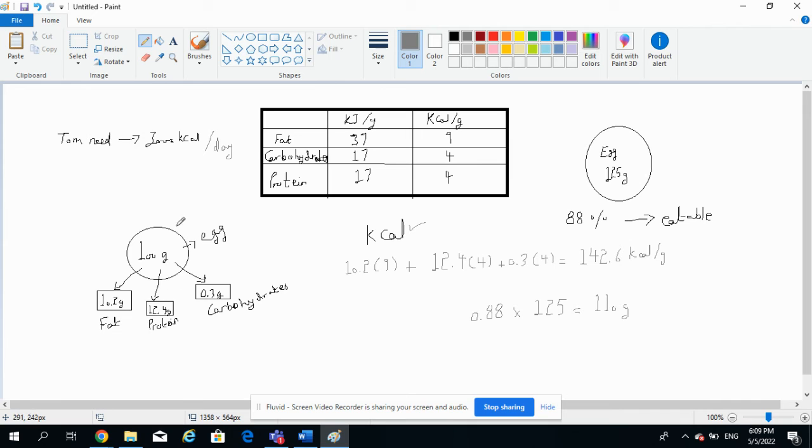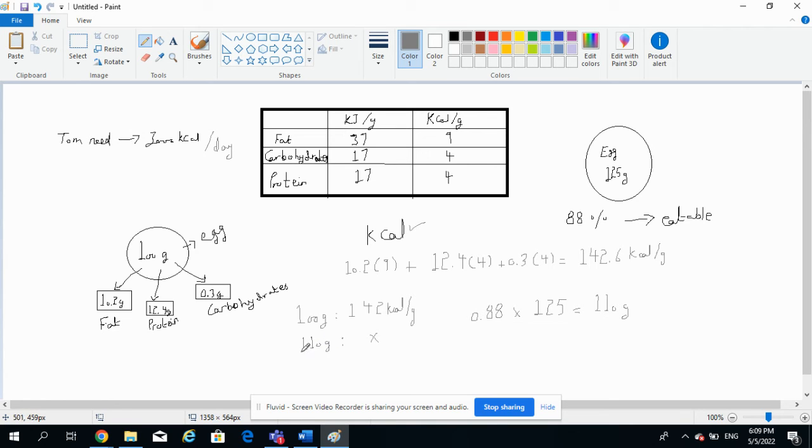Now remember, this becomes a ratio question. The more the weight of the egg increases in grams, the more the kilocalories will increase. So it's a direct proportion. So if 100 grams gives 142 kilocalories, the question becomes: let's call that x, how many kilocalories is he getting from 110 grams.